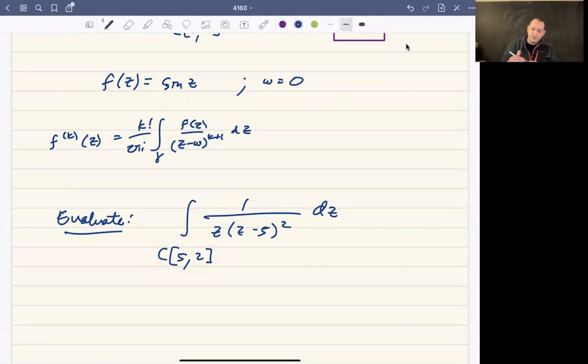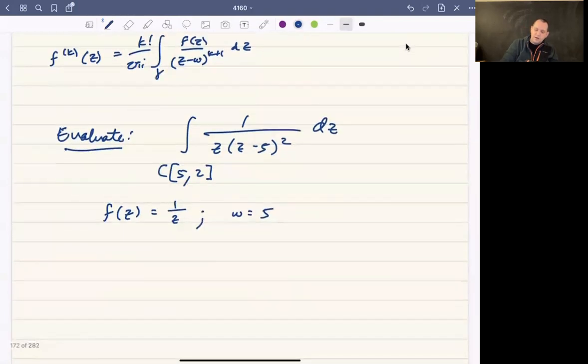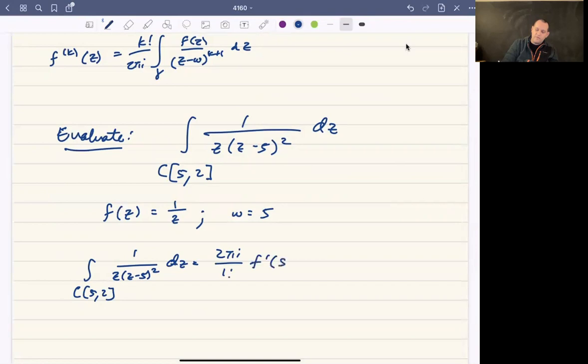What that means is that we can just apply the same formula. Here our f of z is going to be 1 over z, and our w is 5. So our integral of 1 over z times z minus 5 squared dz is going to be equal to 2 pi i over 1 factorial times f prime of 5.